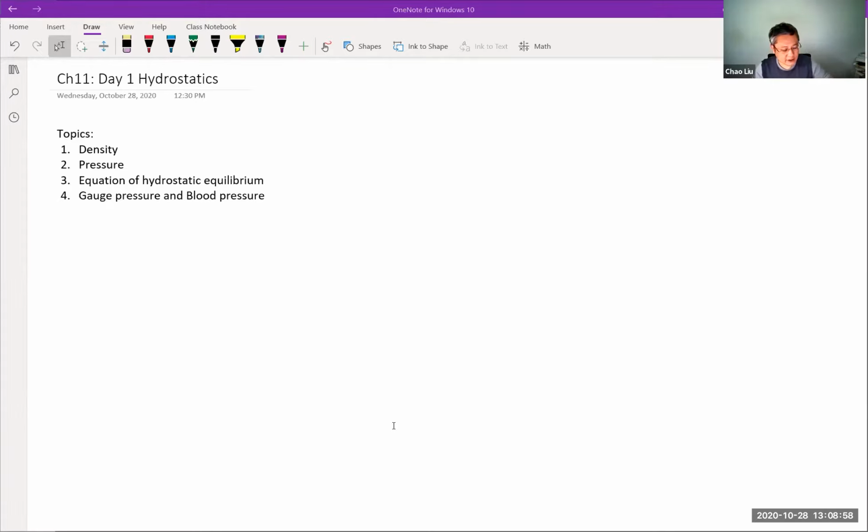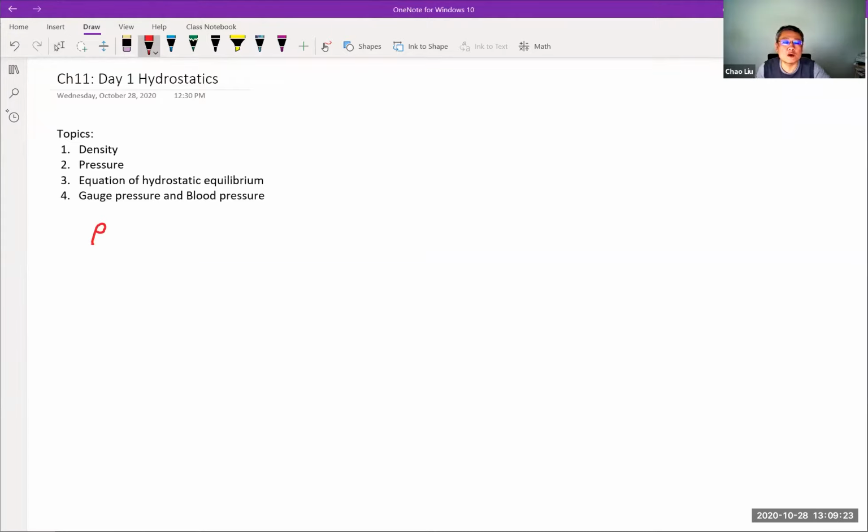So density. You probably already know density, and if you take chemistry, I bet you do the density calculation a lot. We know the definition for the density is very simple. The symbol that we use for the density is this one here.